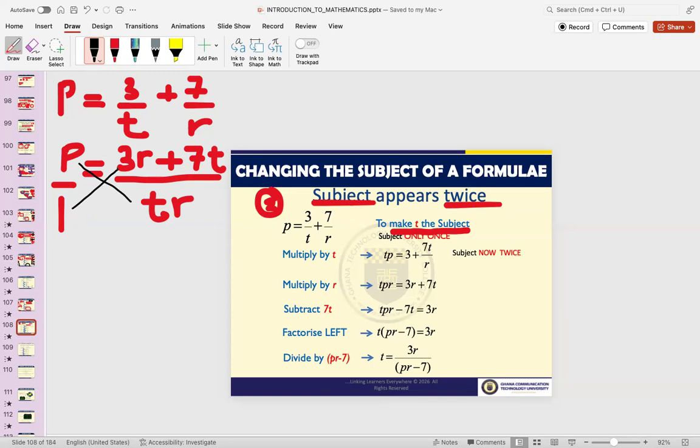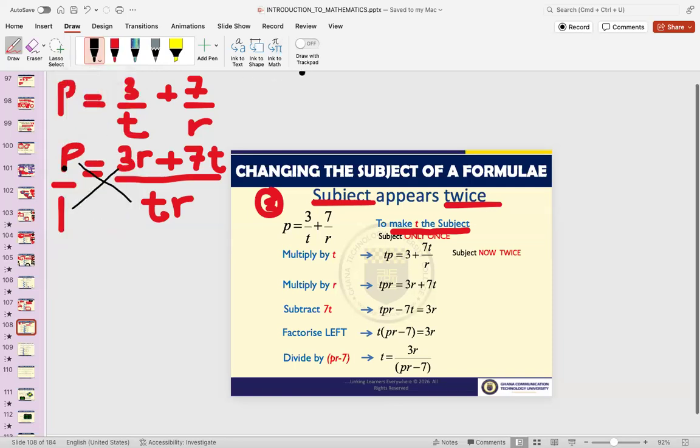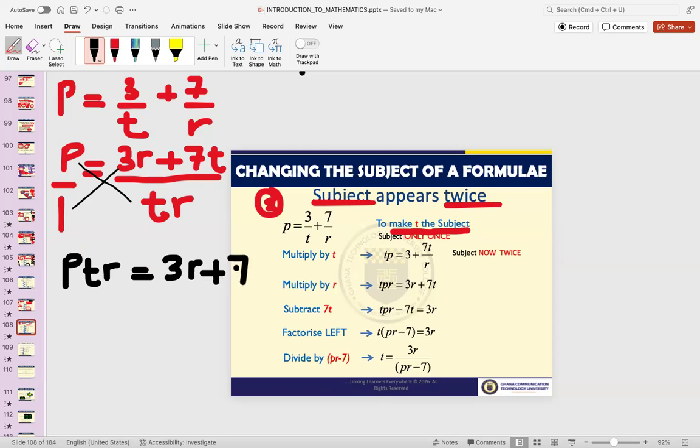When you do it that way, you have P times TR, which becomes PTR, is equal to 1 times 3R plus 7T.